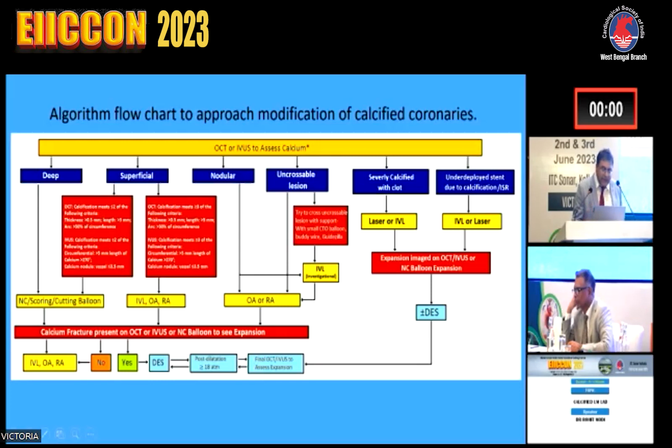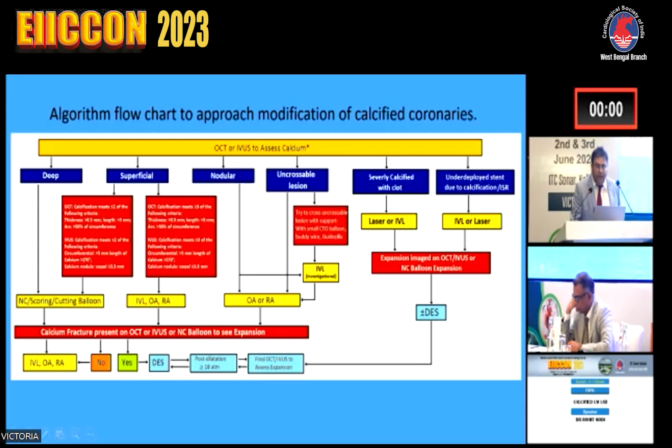And for nodular, I have discussed already in detail. We can use orbital and rotational atherectomy in these patients. IVL is an important investigational tool and has been found in a number of patients to be very effective in this subset of patients also.